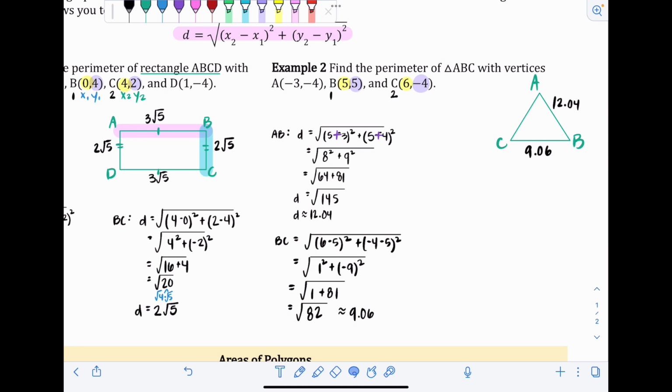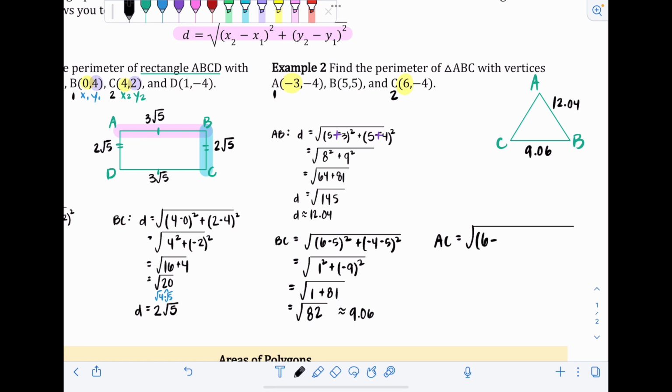So we'll find the distance of AC equals, and then we have to reset our points up here. So I'll say this is my point 1, this is my point 2. So for x2 minus x1, it'll be 6 minus negative 3.